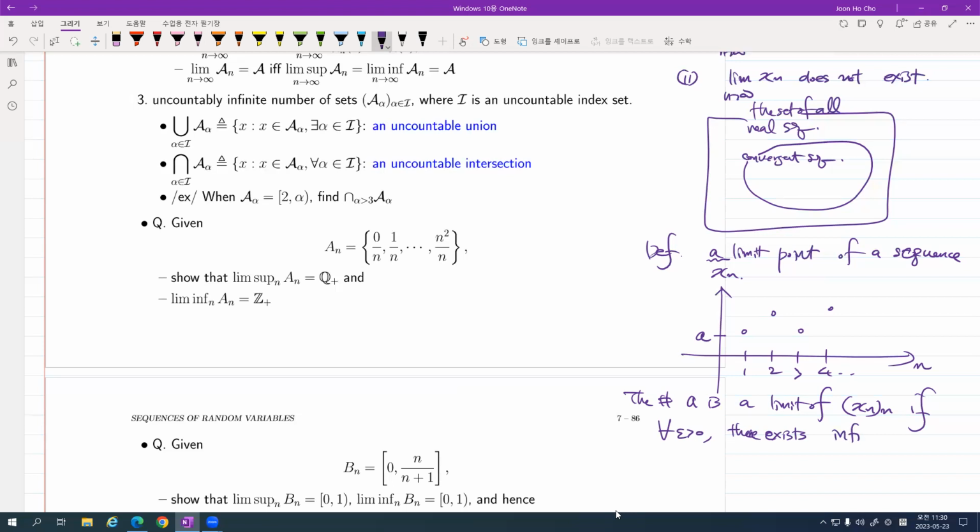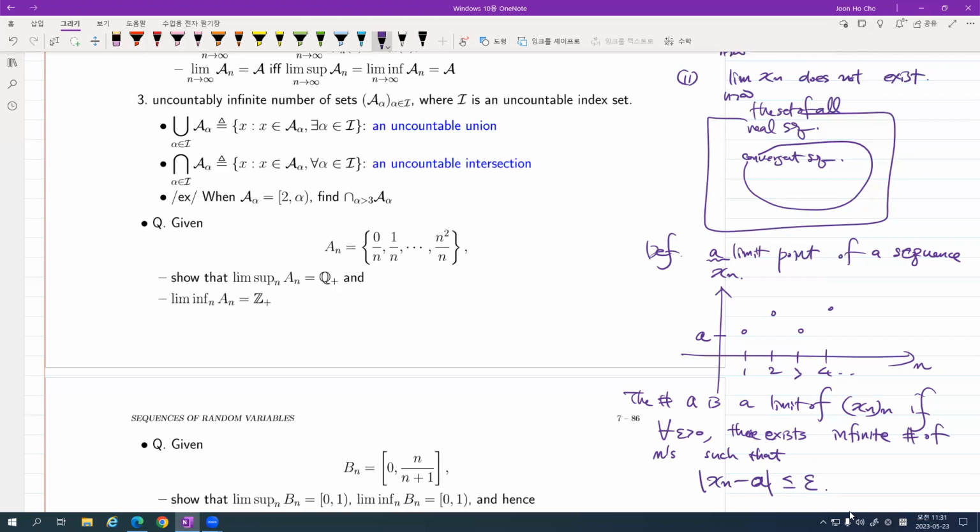In this case, we just count, right? n is a member of the natural numbers, so we can count. So this infinite means countably infinite, an infinite number of n's such that |x_n minus A| is less than or equal to epsilon.